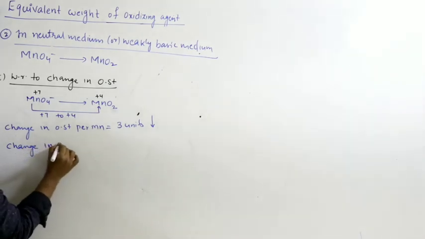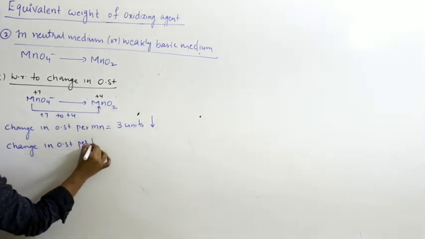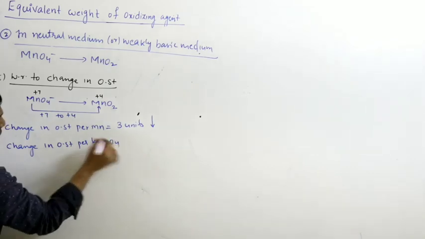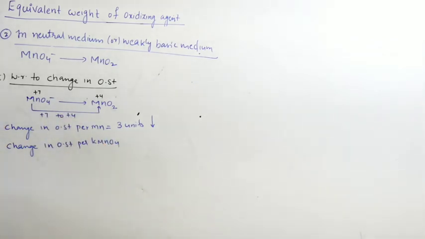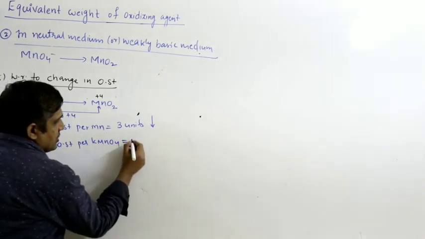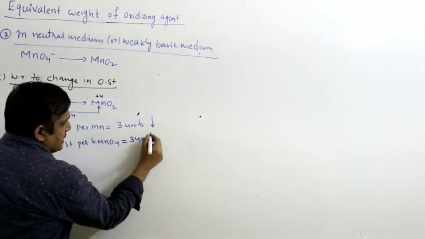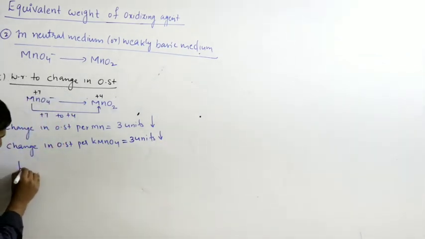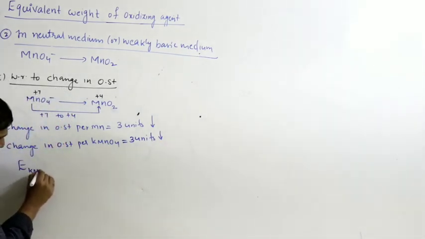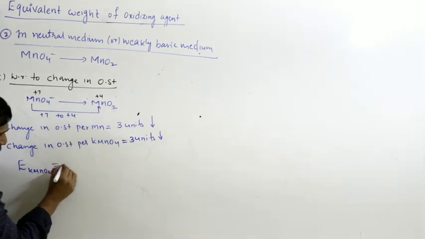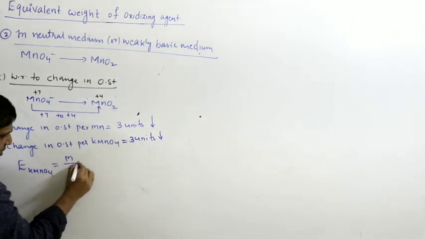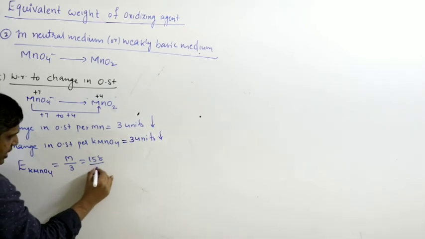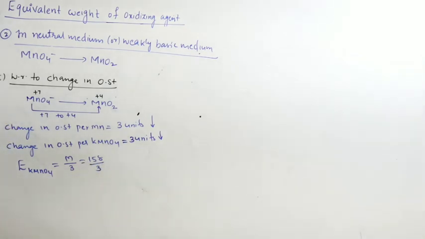Change in oxidation state per KMnO4 or MnO4 minus, potassium we deliberately don't write because it is a spectator ion, is 3 units decrease. So the valency is 3. So equivalent weight of KMnO4 in neutral medium is molecular weight by 3, that is 158 by 3. This is one way of balancing.